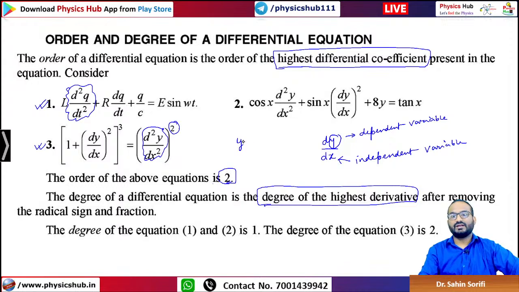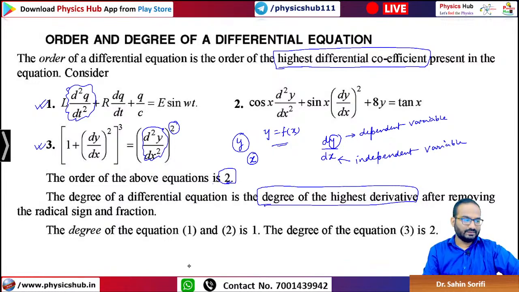Y is dependent, x is independent. Y is a function of x, let's say. If this is done, we can move forward. Is this done? Just confirm.